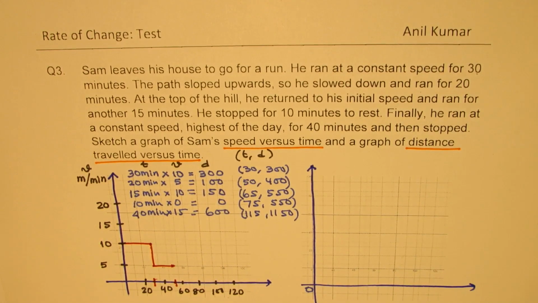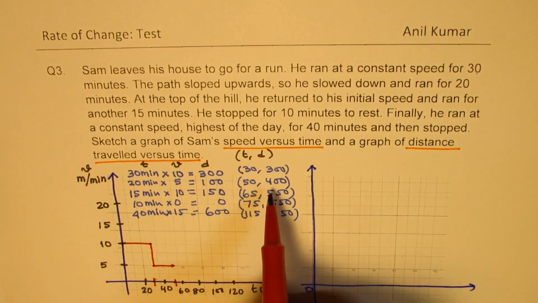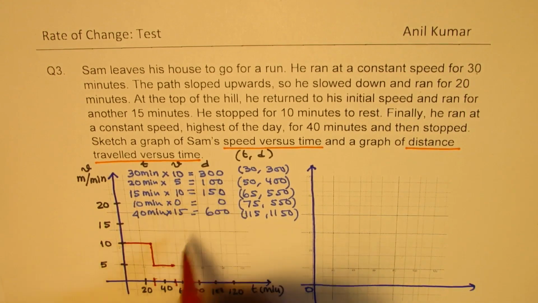Okay. So based on this, we can now sketch our velocity time graph. Time is in minutes. Okay. So we were already here at 50. 20 minutes, speed 5. So that is where it is.